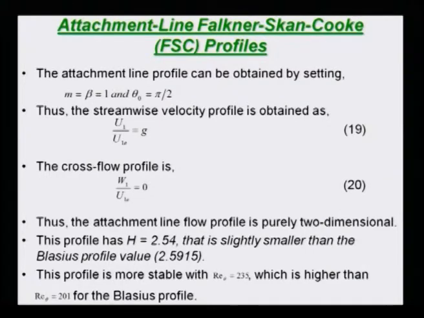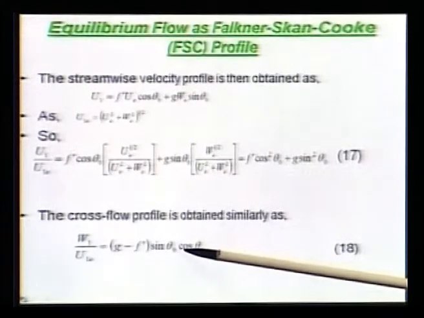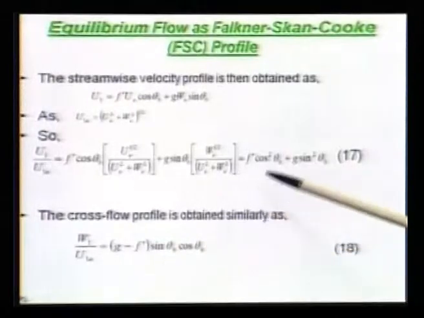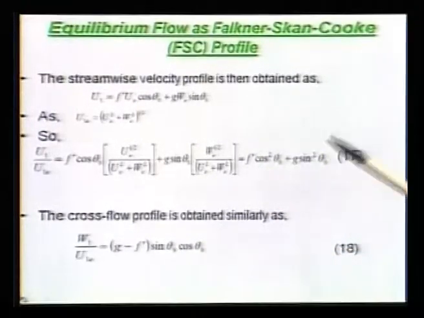Of course, you see it, right, because W1 by U1e is f prime minus g into sin theta naught cos theta naught. So, for 90 degrees, this goes to 0, that is what we have established. So, W1 is 0. What about U1? This part goes away, only this part will be there.